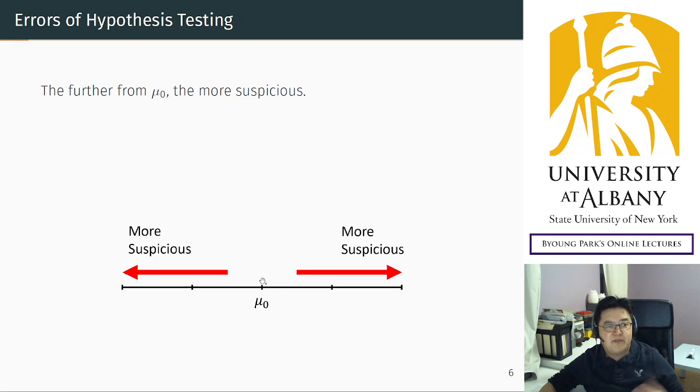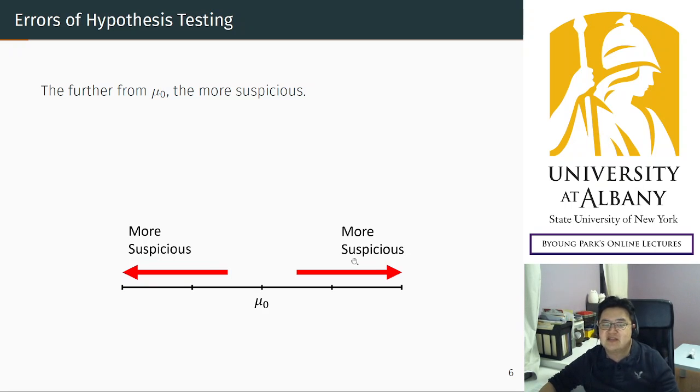Given your hypothesis, you look at the data, and the sample average may have some random error, or can be different from the true mean due to randomness. But if the sample average is very different from your hypothesis, then your hypothesis becomes suspicious.